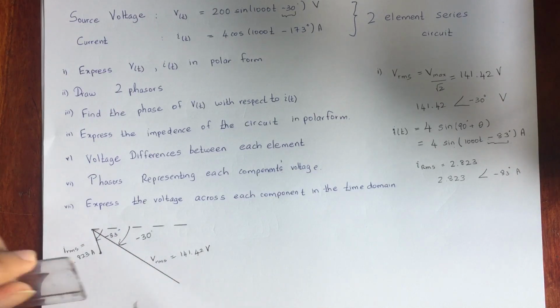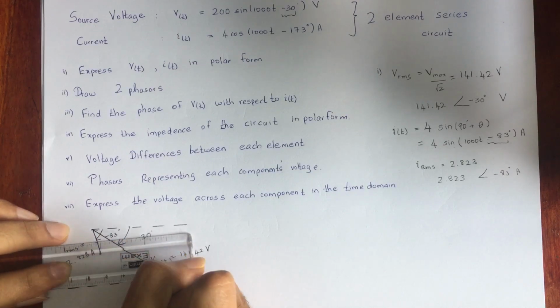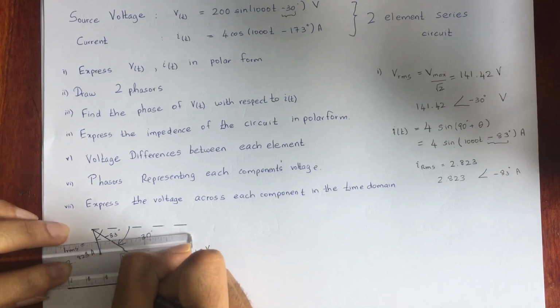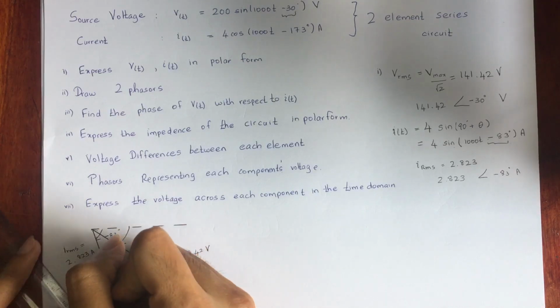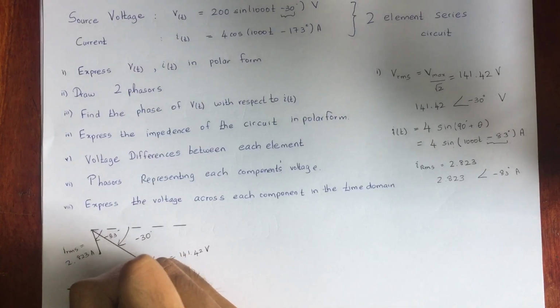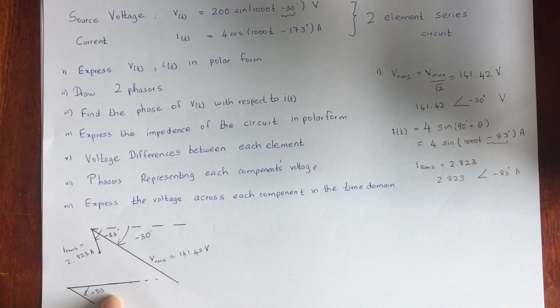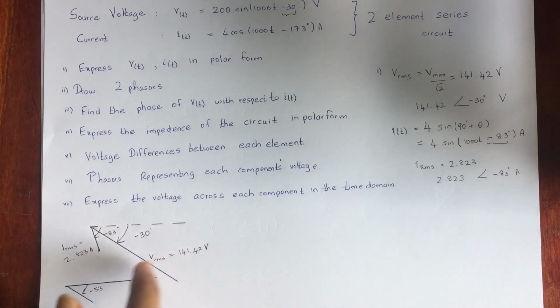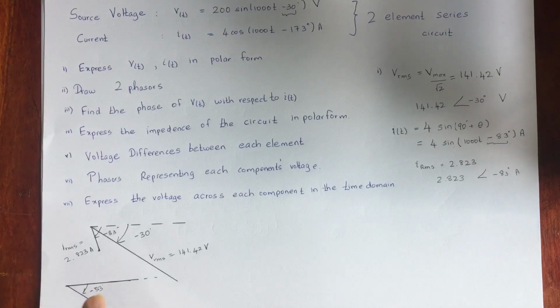If we draw the voltage as the reference line, we can directly tell the I is going to be in the clockwise direction, at an angle of minus 53. You can also show it like this. However, this is the most common way, as they are given these two phase angles. However, this is also the correct one, so you can always use this.